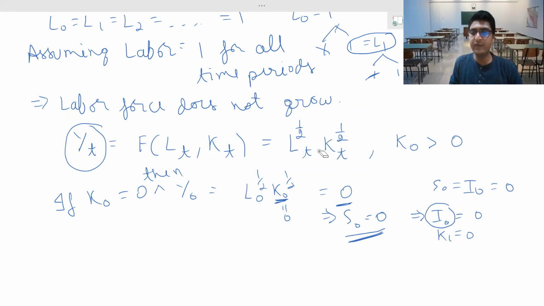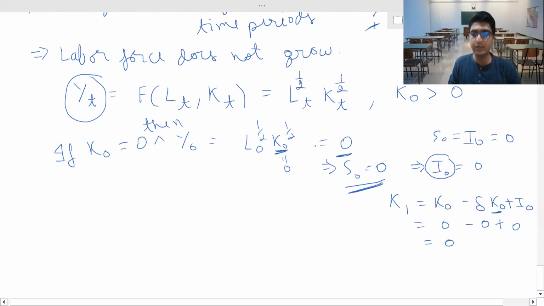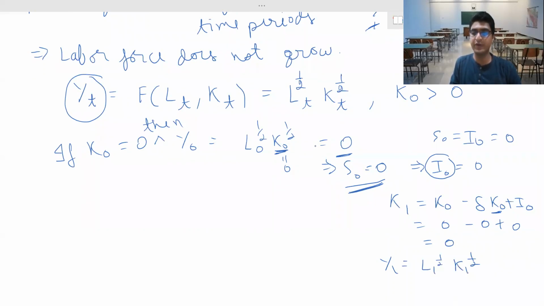And if there is no investment, we know that capital in the next period is equal to what? K0 minus depreciation plus investment, right? So K0 is 0. Depreciation also becomes 0 because K0 is 0. Delta into 0 is 0. Plus investment is 0. So K1 is also 0. And if K1 is 0, then Y1 is what? Y1 will be L1 to the power half, K1 to the power half from this production function.